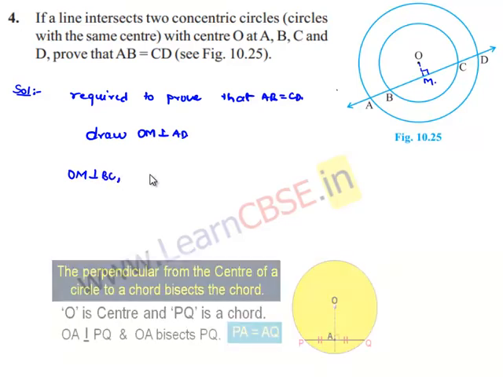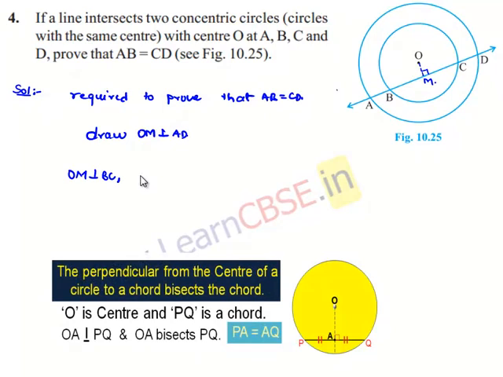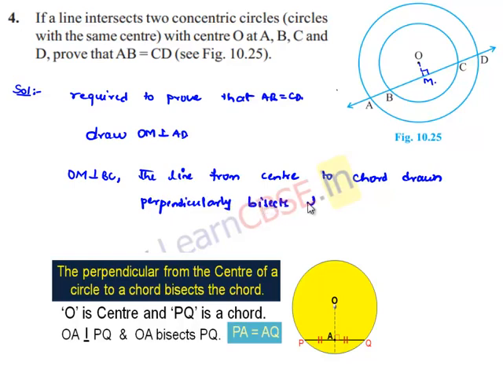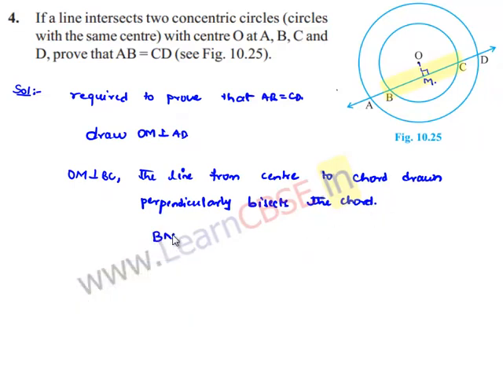Then we know that the line from center to chord drawn perpendicularly bisects the chord. Therefore here we can say that BM is equal to MC. Let it be as equation number 1.